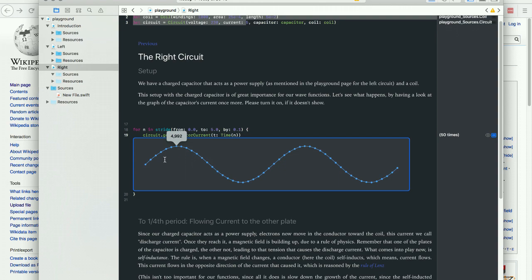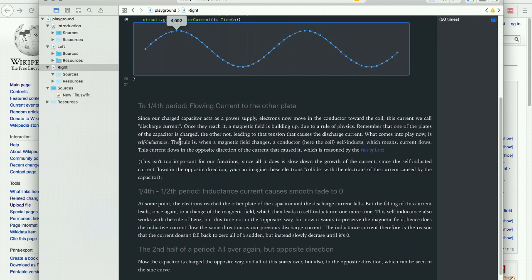So if you remember, all electrons were at one place once, and then they moved right here, and then they were just smoothed out by the self-inductance. And now we are on the other side, so we flow in the opposite direction. So all of that repeats just in the opposite direction. That's why it looks like this. So all of this you can use again just in the other direction.